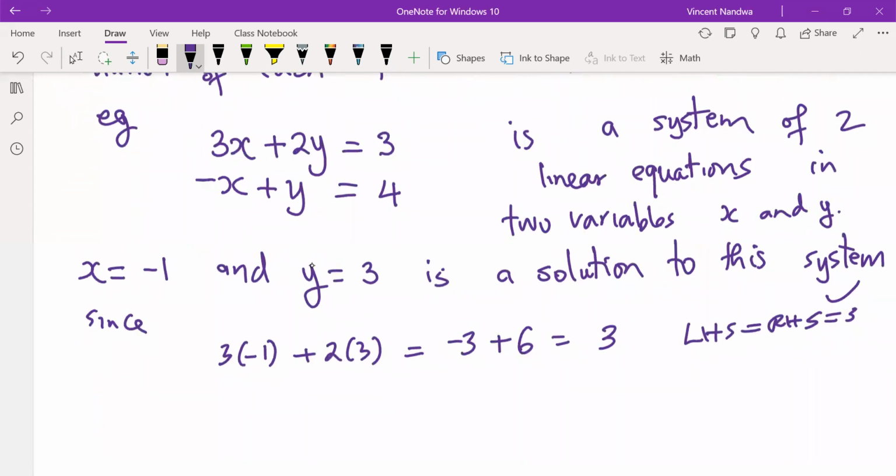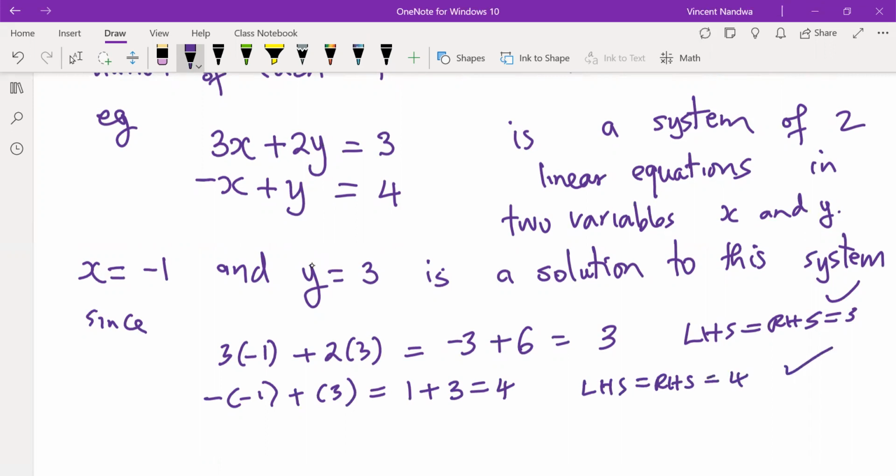And then for the second equation, we'll have -(-1) plus 3, which is 1 plus 3, which is 4, and you see left-hand side is the same as right-hand side, which is 4. So both x equals -1 and y equals 3 are solutions to the two equations. Therefore, x equals -1 and y equals 3 is a solution to this system.